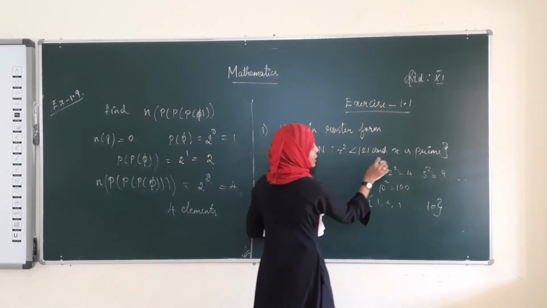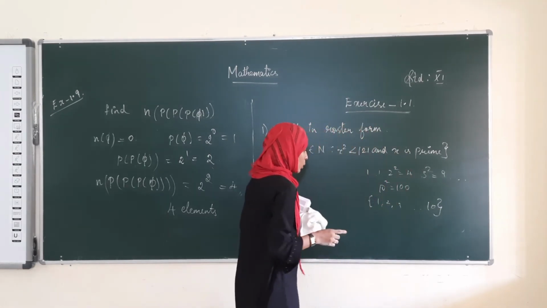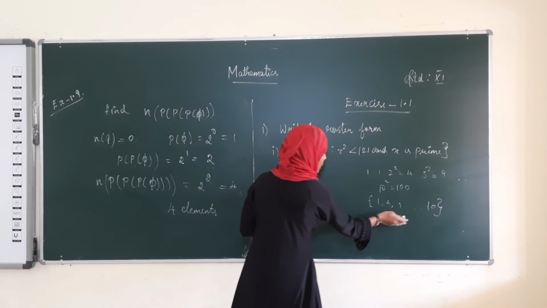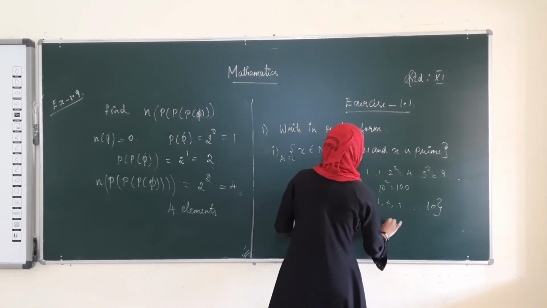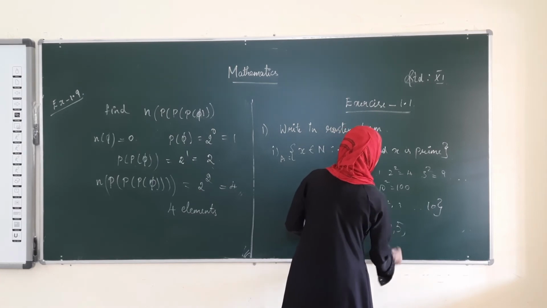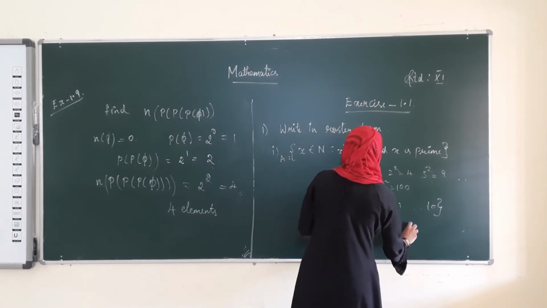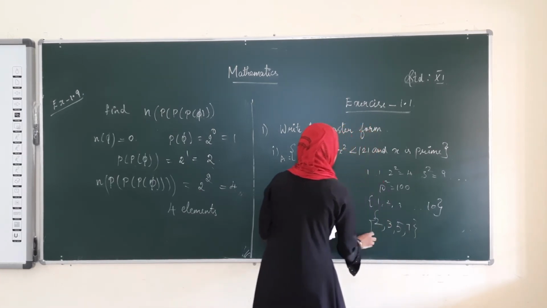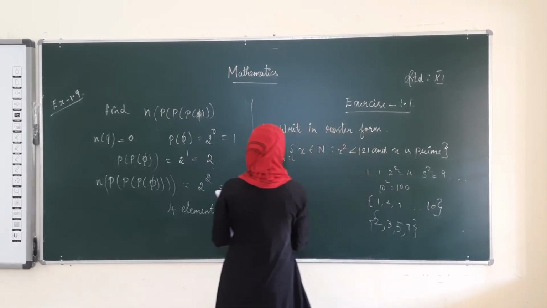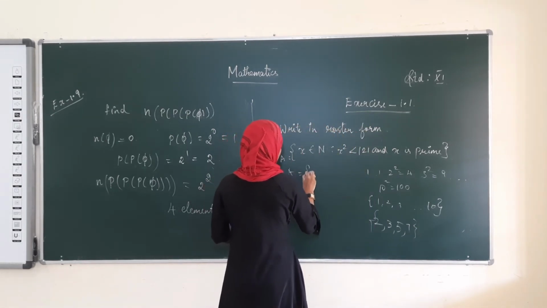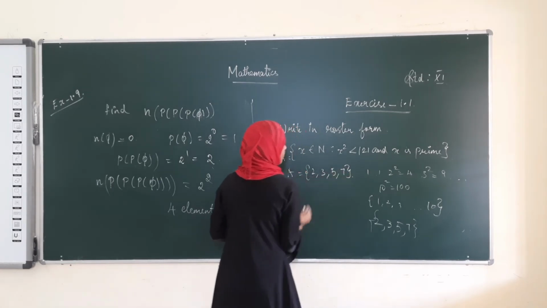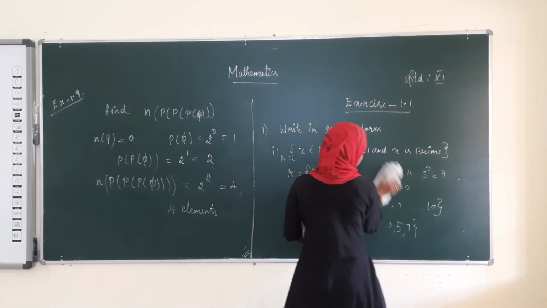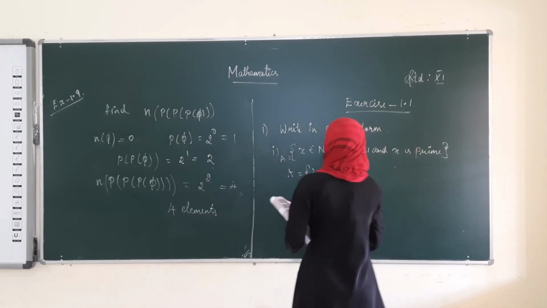But they have given a condition, x should be prime. What are the elements that are prime from 1 to 10? 2 is a prime number, then 3, 5, and 7. Therefore, the elements are A equal to 2, 3, 5 and 7.